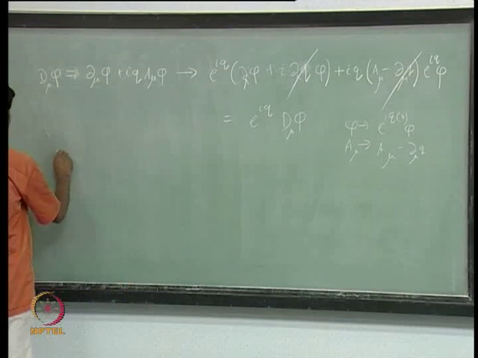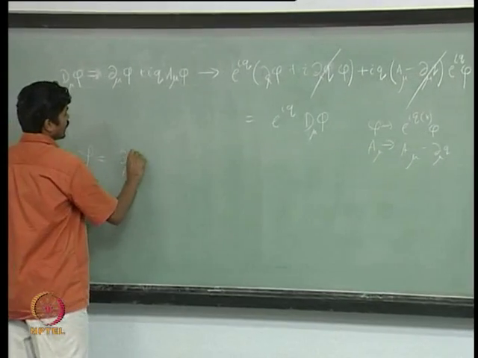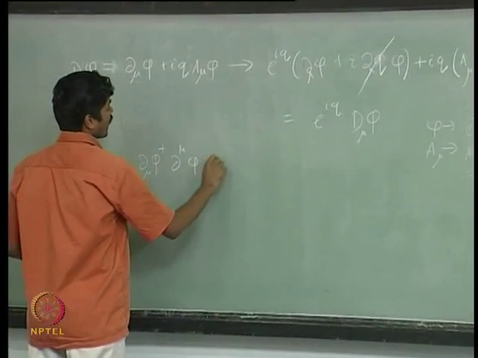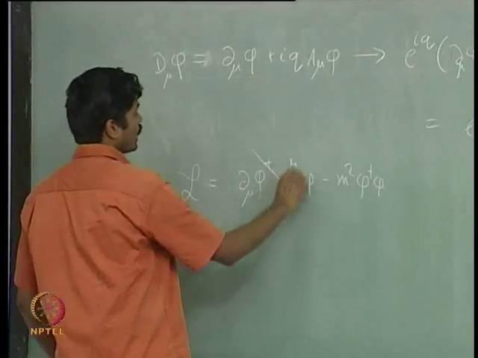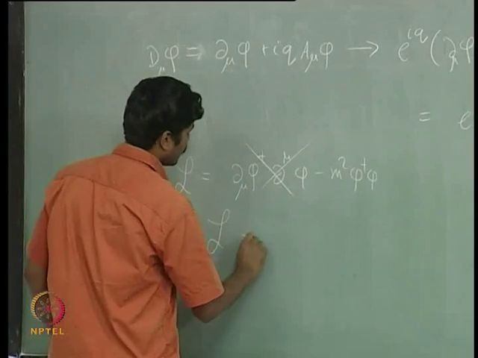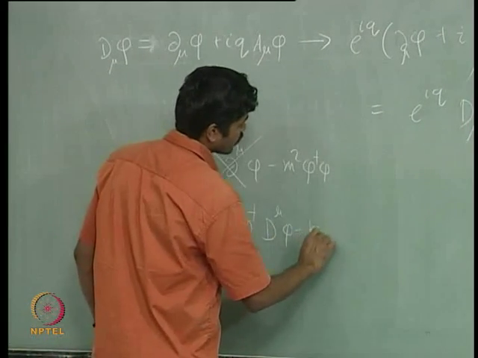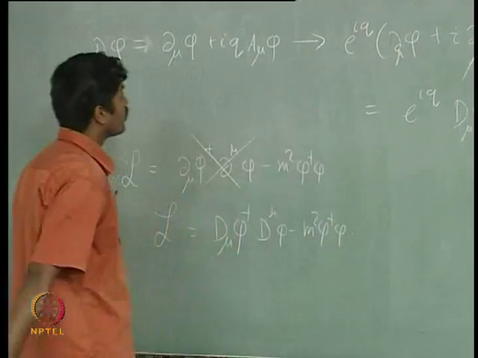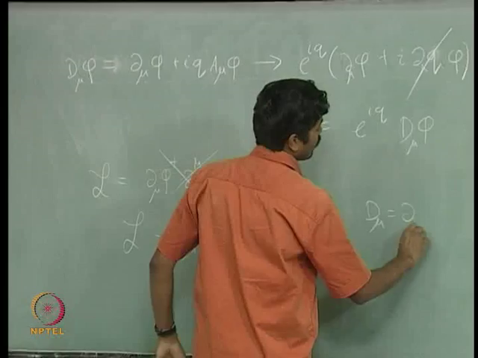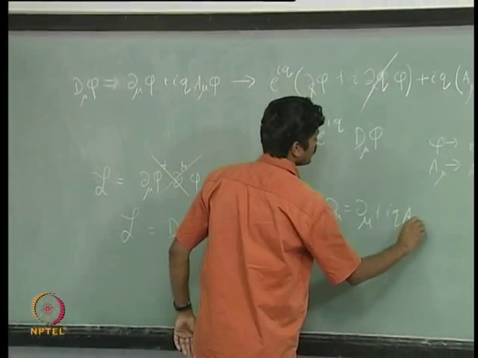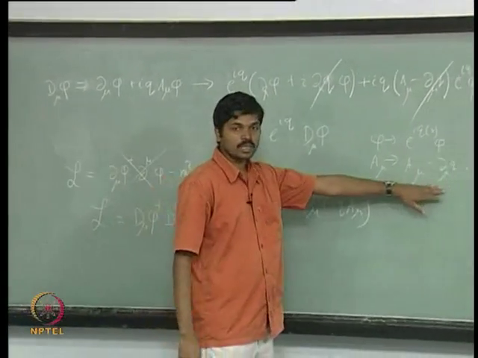So, instead of taking the Lagrangian density to be ∂_μ φ† ∂^μ φ minus m² φ† φ, if you take it to be D_μ φ† D^μ φ minus m² φ† φ, where D_μ is given by ∂_μ plus i q A_μ, then this quantity will be invariant under such a transformation.